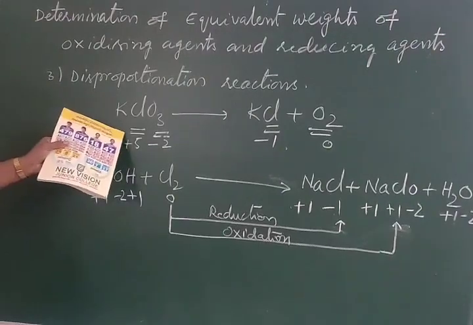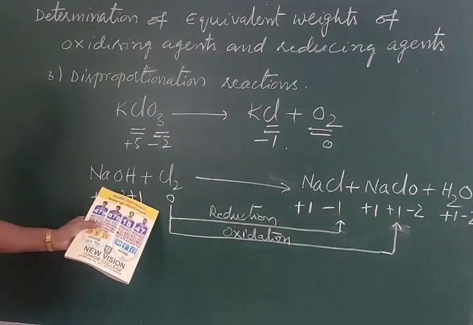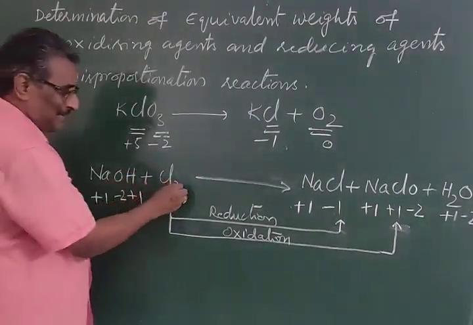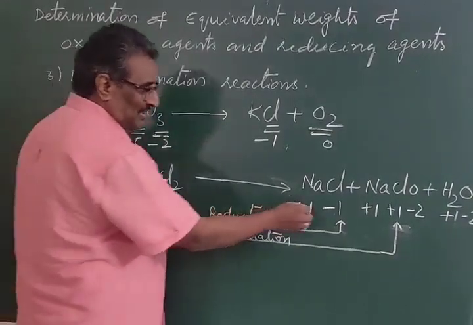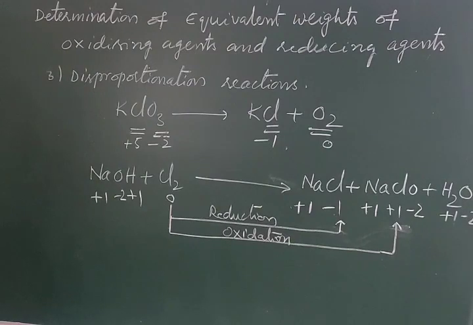Here different elements in the same compound act as oxidizing agent and reducing agent, but in disproportionation reactions like this, the same element undergoes both oxidation and reduction. This kind of reaction is said to be a disproportionation reaction.